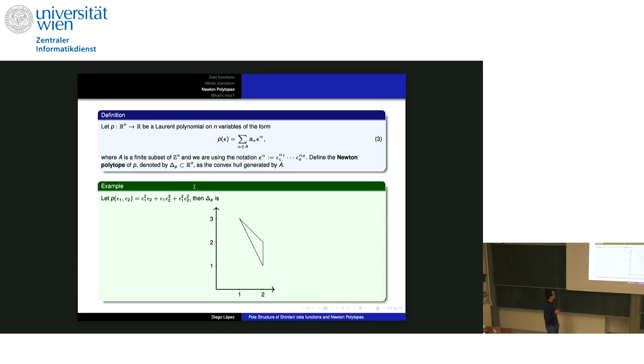Let's see an example. If this is our polynomial, we have a polynomial with three monomials. We take the exponents of each of the monomials, and they give us the coordinates of this triangle. So (2,1) is this here, then (1,3) is this here, and (2,2) is here. So the Newton polytope is this triangle, of course, with the area inside of it.